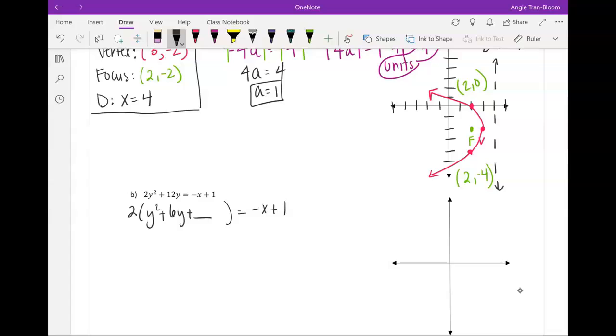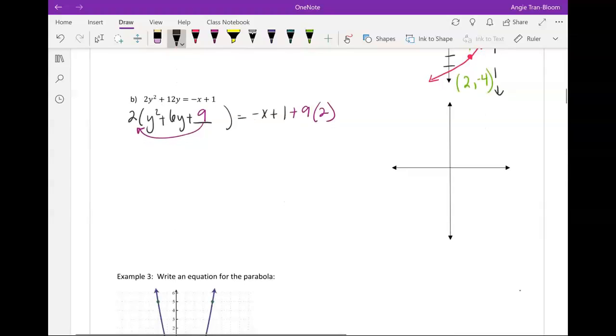We do not need to complete the square for the x because we don't need to factor that out. Half of 6 is 3, 3 squared is 9. We're going to add 9 over here, but that 9 is really being multiplied by 2, so this is really 9 times 2. This is now factored as y plus 3 quantity squared equals -x plus 1 plus 18, which is now 19.